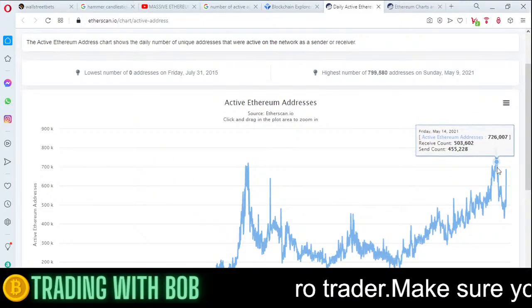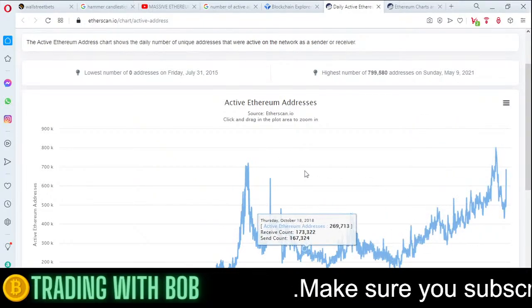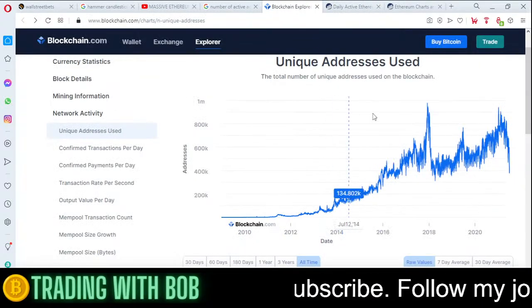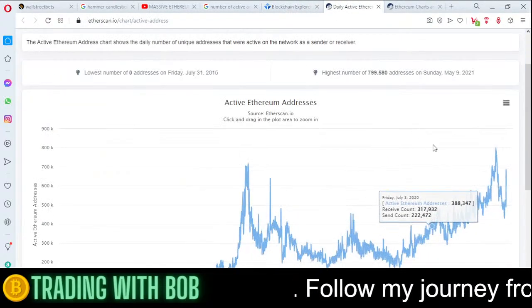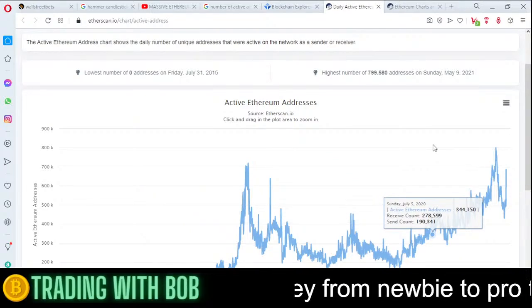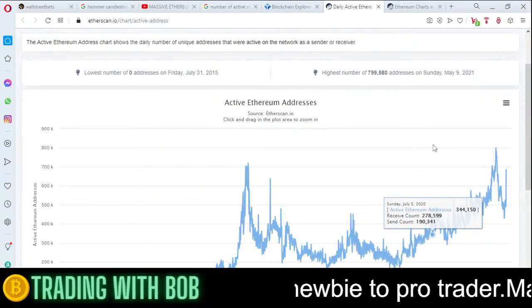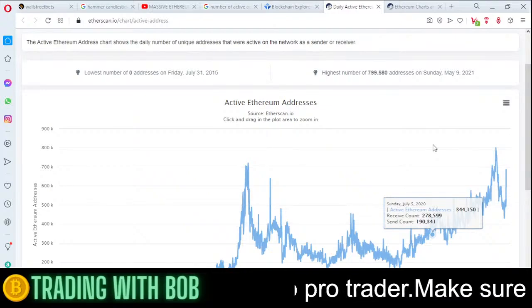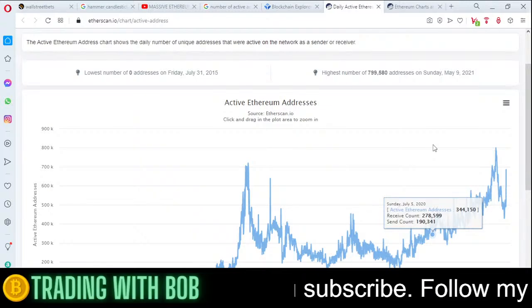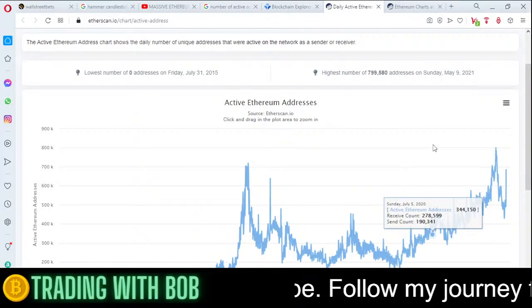As you can see here, Ethereum has roughly the same amount as Bitcoin, but Bitcoin's market cap is quadruple, I think, or triple. So that's why I also don't like Bitcoin. It's just boring. There's nothing good about it really, except its brand, and I think it was the first as well.